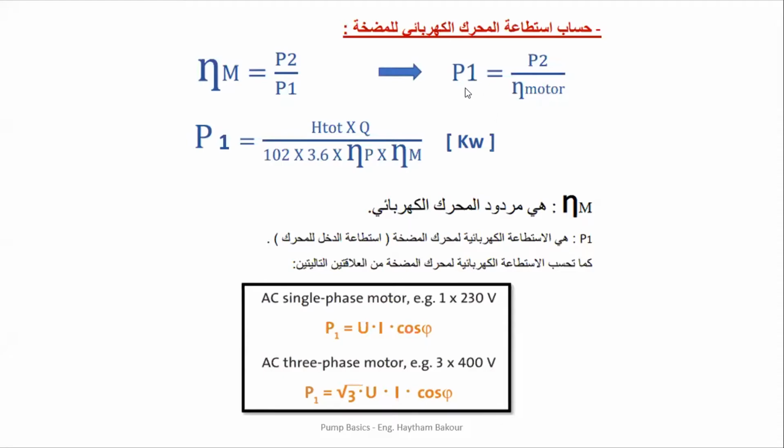P1 is the power in, which is the electrical power, and we can see it through the current.